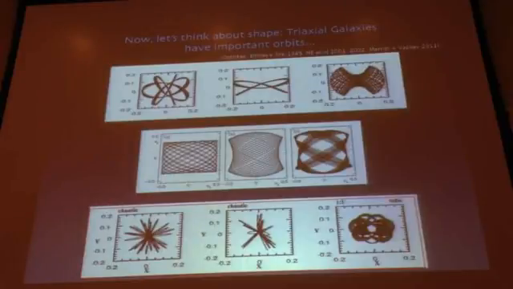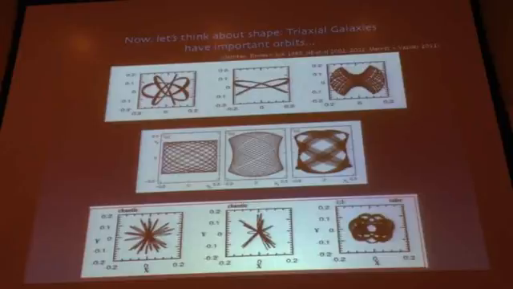So in this concept, the loss cone is full, and I sort of think of it as the loss cone can even be over full, because what matters is the amount of stars on orbits that are radial. And you can have a lot of stars on those orbits, certainly many more stars on those types of orbits than in a spherical system.